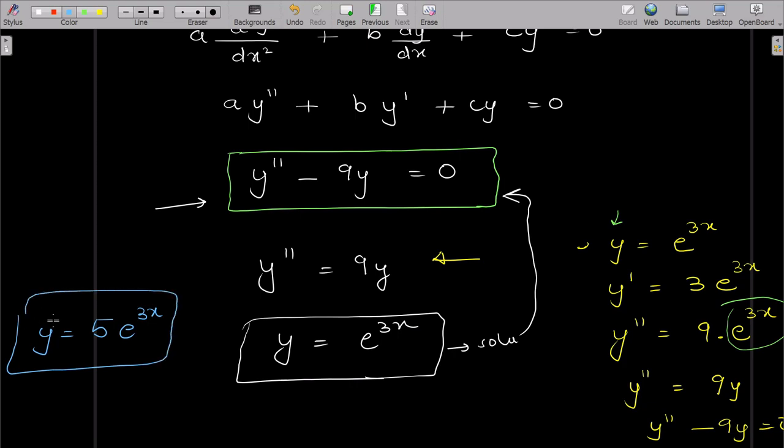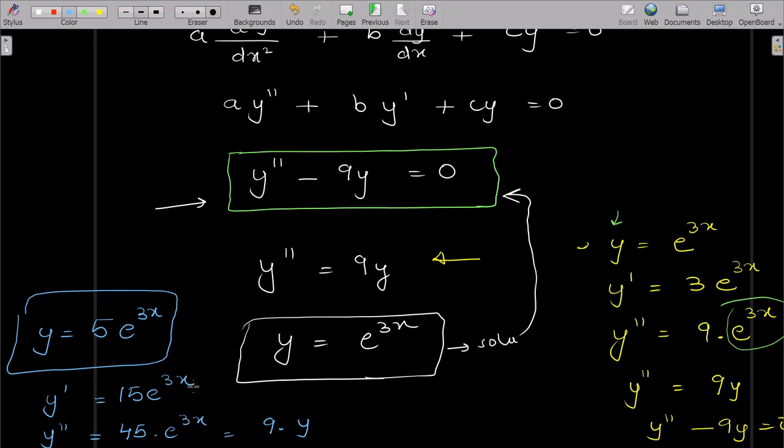Yeah, because if we take the first derivative, we get 15e to the 3x, and if I take the second derivative, then I'm getting 45e to the 3x, which is 9 times 5e to the 3x, the original function, y.